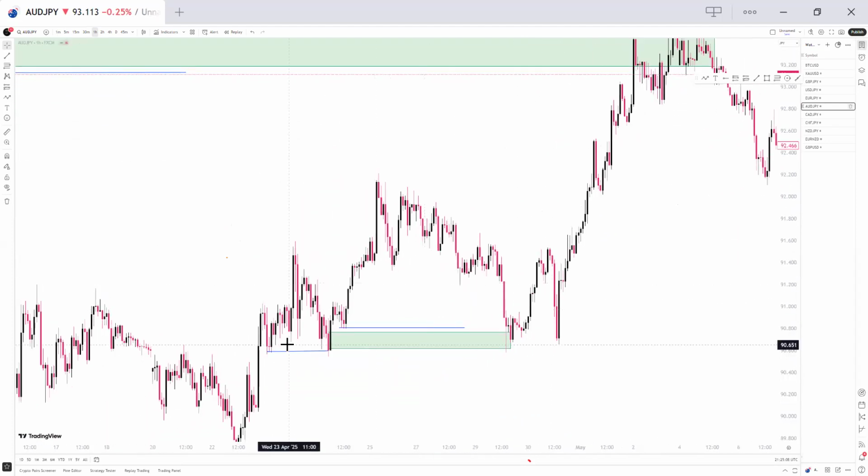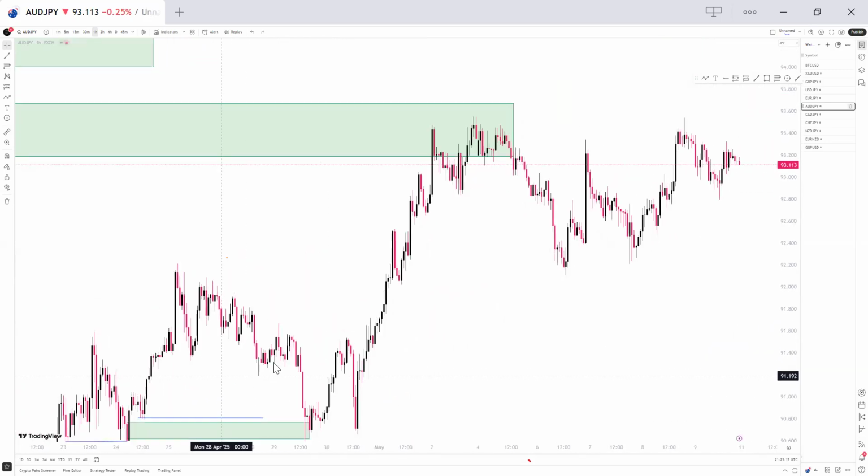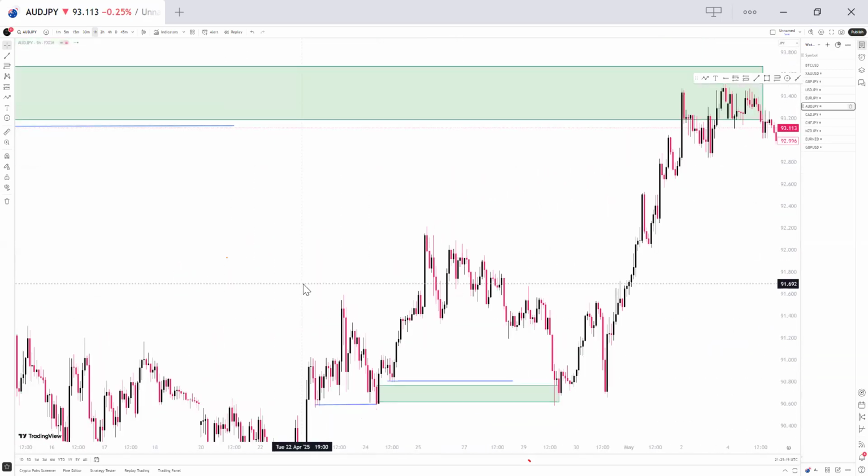No, this is also for buy for AEDJPY. You can see this type 2 for buy for AEDJPY.